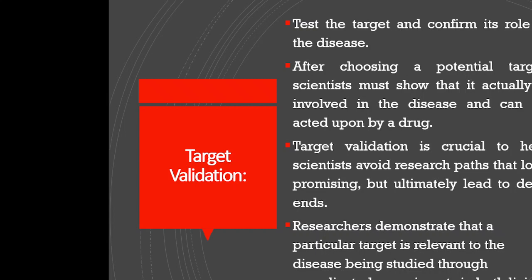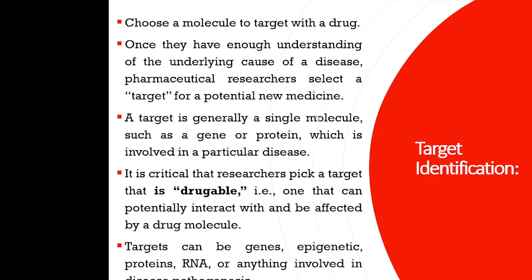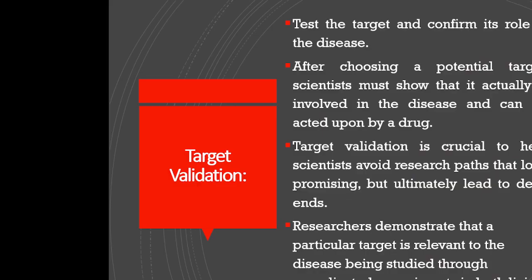We are saying that this particular protein is responsible for the development of the disease. For example, you say protein A. But if protein A is not really responsible for the development of the disease, then we are not able to treat the disease with any drug, because protein B or protein C may be really responsible for it. So that is the problem. So the third step is that after identifying the target, we are going to validate.